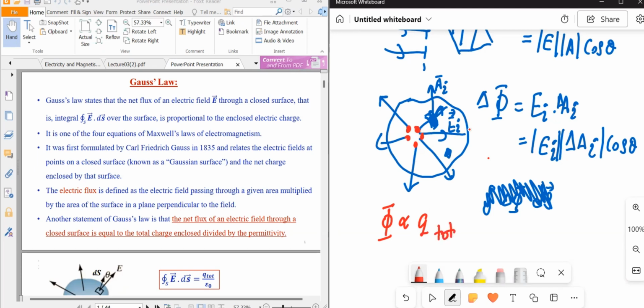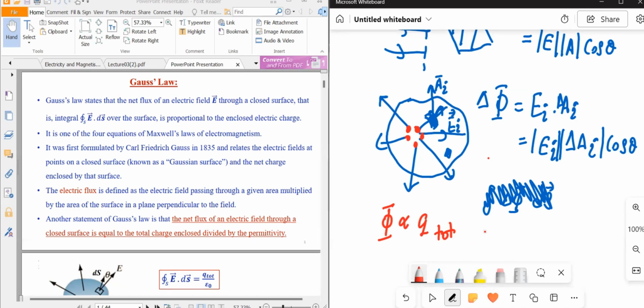These electric field lines are generated due to each of these charges, and then we are calculating the electric flux. Therefore, electric flux is proportional to the electric field, and that electric field is proportional to the charges enclosed by the considered area.